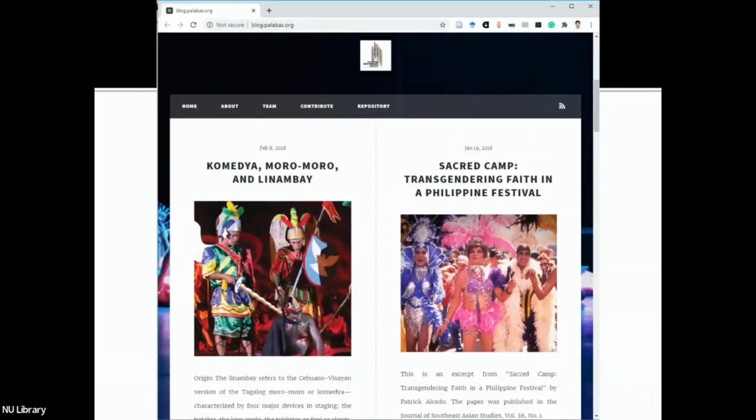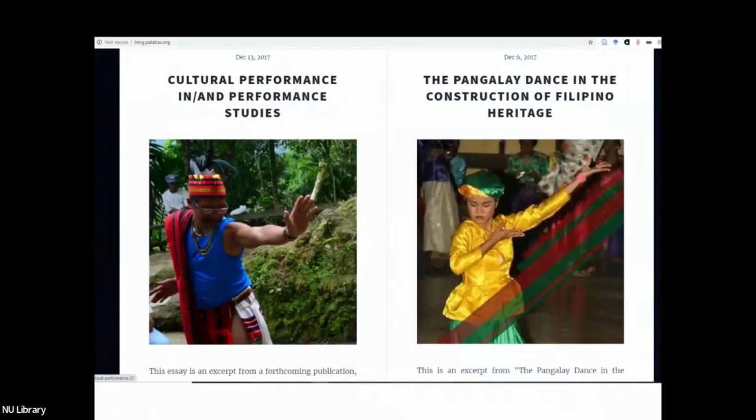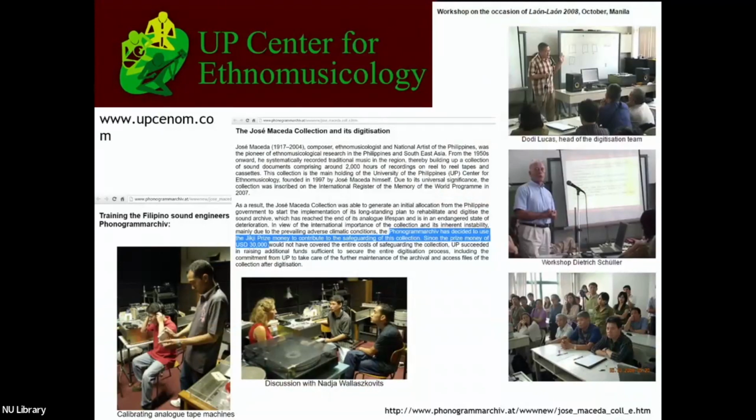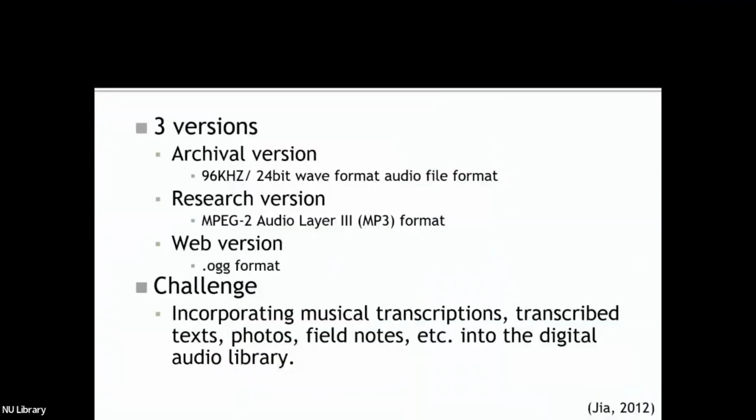In the digital humanities, they try to document and index all the festivals, cultural performances, and digital heritage. Also, the UP Center is instrumental in digitizing reel tapes and cassette tapes, so they recommend different versions.